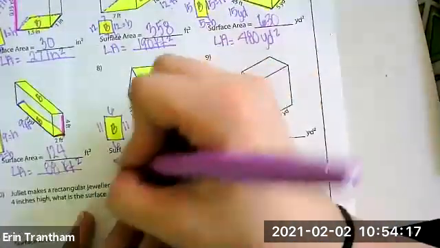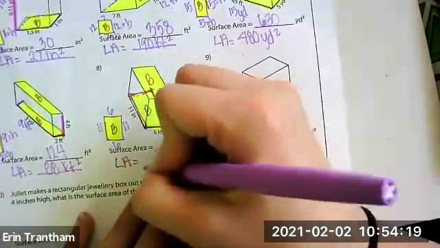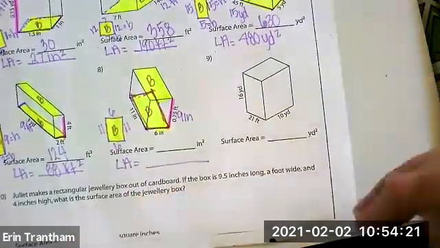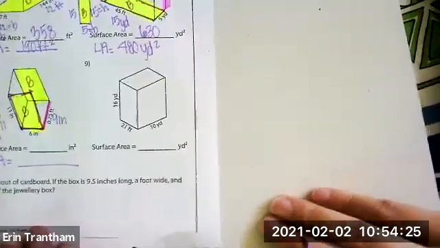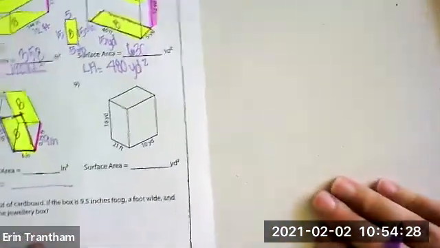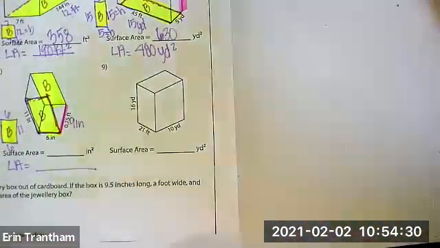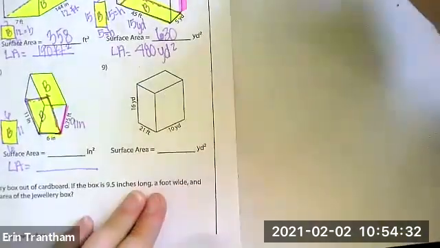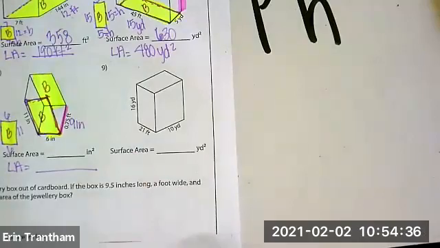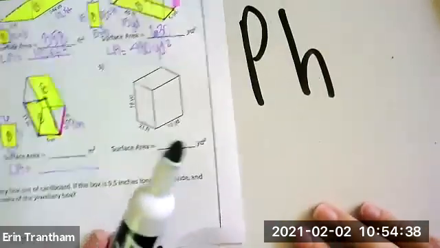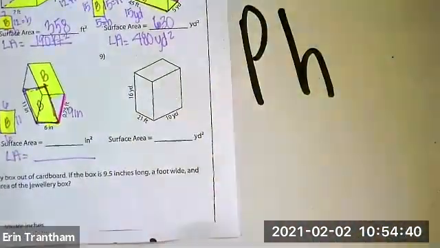Let's make our LA line, lateral surface area line. Okay. The lateral surface area is your big P times h. Do we know our P? Do we know our h?